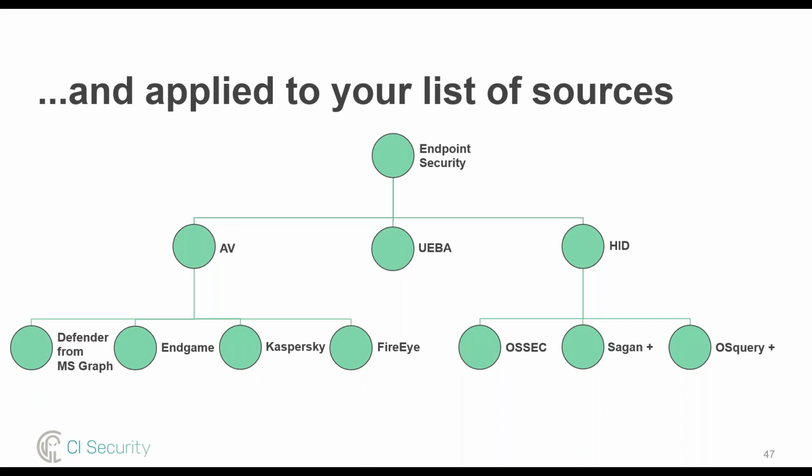Under AV, you may have one or more of these actual sources, and not all of them are the same. They don't even produce exactly the same kinds of information, but from an attack tactics perspective, they may actually give you the same view, the same kind of information that you can then use in a rule to detect an event happening at that level.